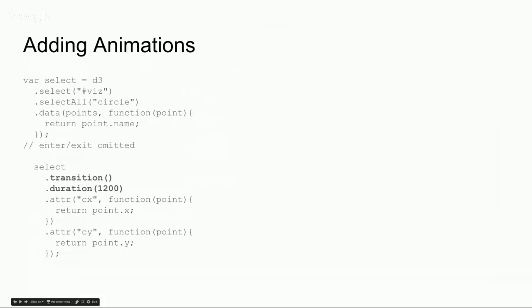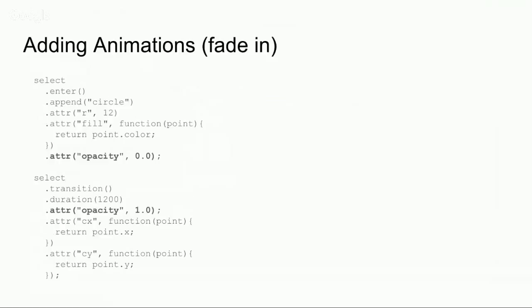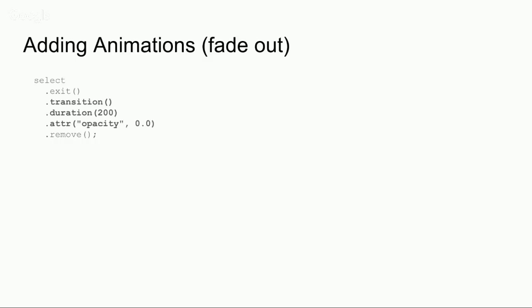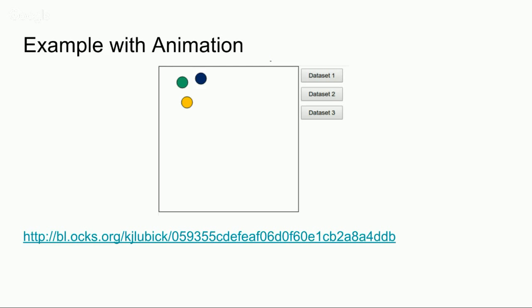To fade in, we have the elements when they're created on enter start at opacity 0, and then during our update, we have them go to opacity 1. Fade out is very similar. We tell them to fade to opacity 0 and then go away. So that's what it takes to animate a D3 visualization.